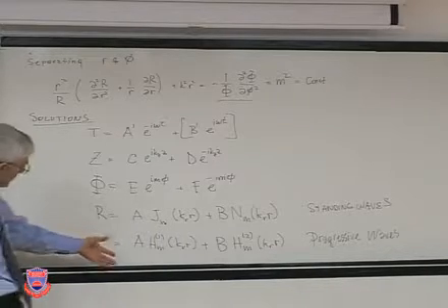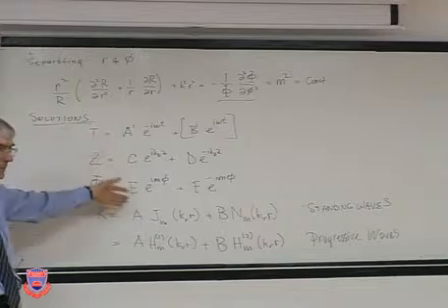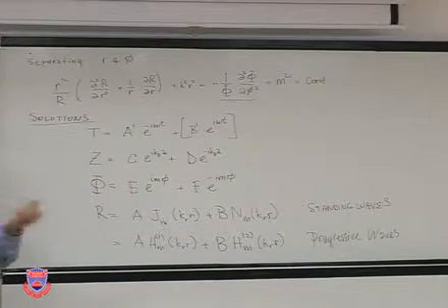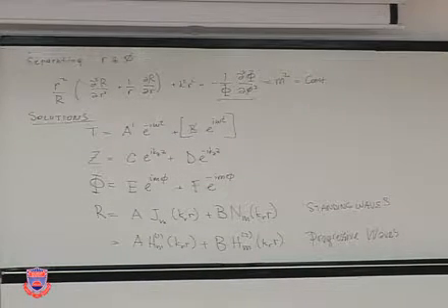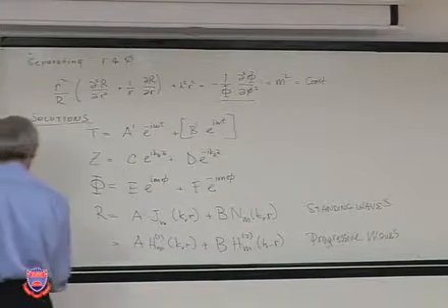Although you have all these different numbers of coefficients, they really reduce to enough that you can find them from the boundary conditions. So the solution, as you can see, is much more familiar to you now that you have done the hard work before.